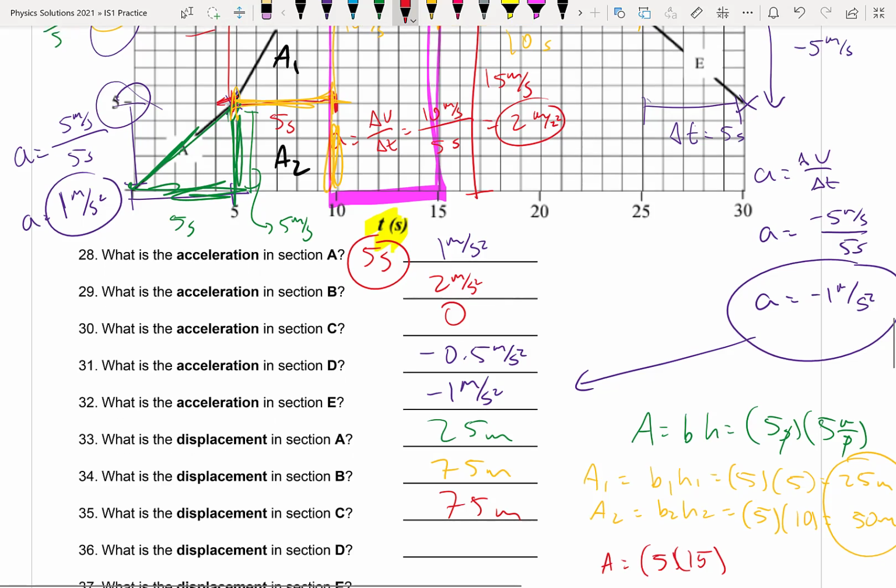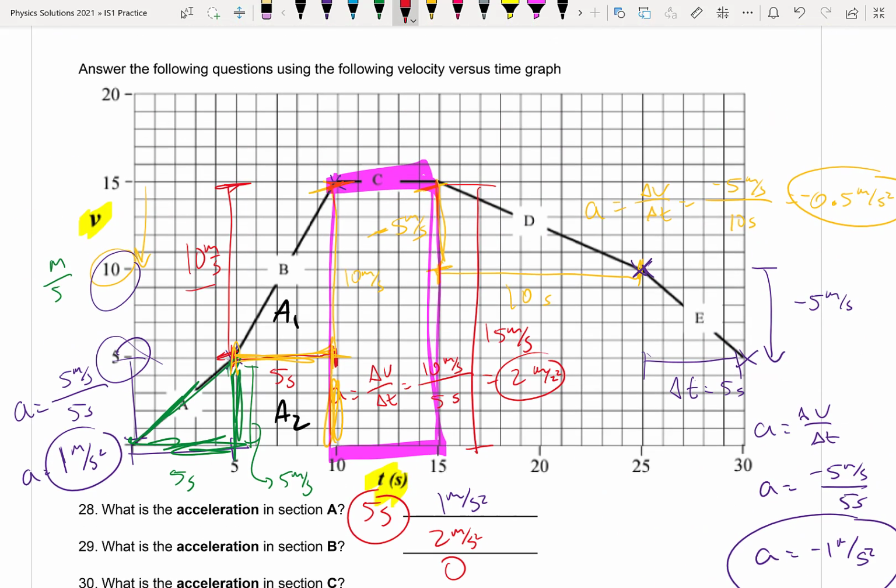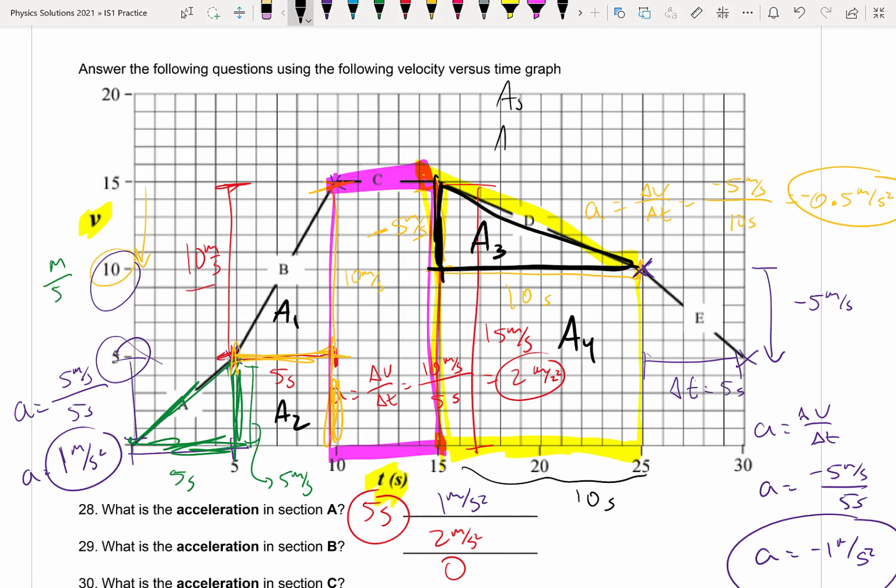Now for the displacement of D, again, I'm going to break up this area. I'll call this triangle area 3, and this is going to be area 4, the area of the rectangle. The base is 10 seconds of that time. So for area 3, that's my triangle.